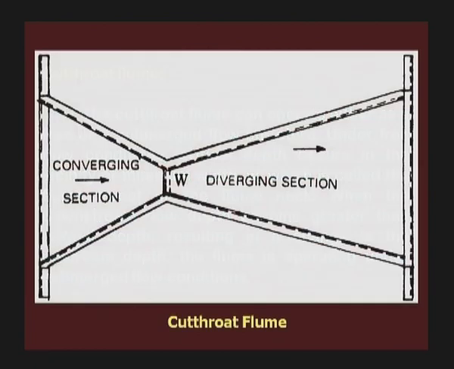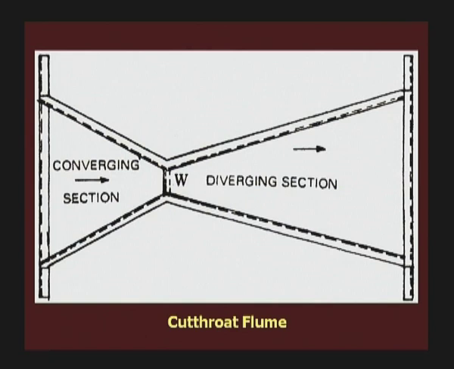This is the view of a cut throat flume. Here there are only two sections, converging section and diverging section, and the neck is between these two sections. The width of the neck is important. When the depth of upstream flow is equal to the width of the neck, then it is free flow.